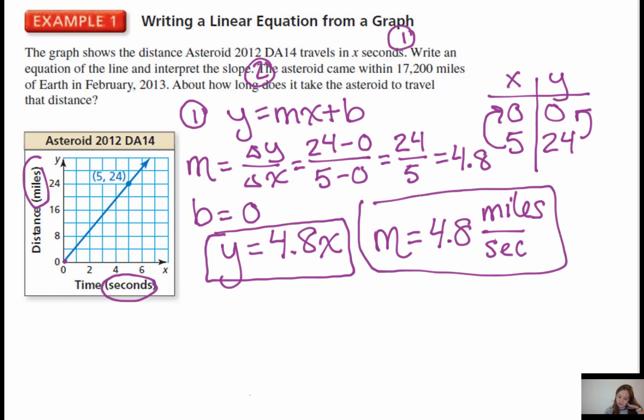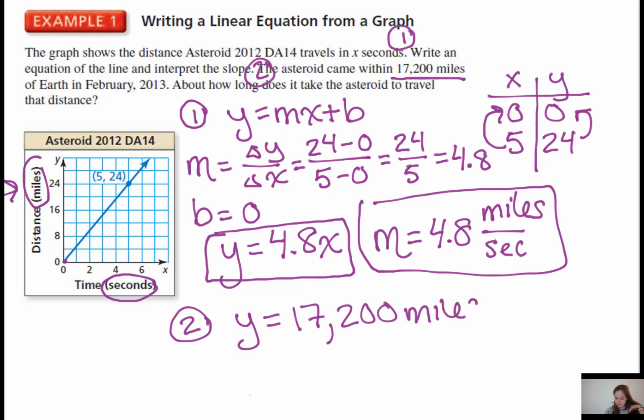Second part: the asteroid came within 17,200 miles. How long does it take the asteroid to travel that distance? It gave me information in miles, and miles is my y. So I was given 17,200 miles, and I'm supposed to find the x value, which is the seconds, how many seconds it took.